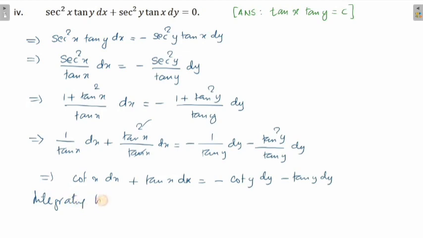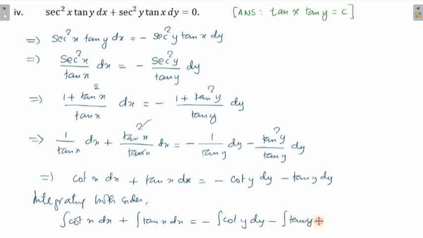So what do you get? You get, see here carefully, so it becomes integral cot x dx plus integral tan x dx is equals to minus integral cot y dy minus integral tan y dy.